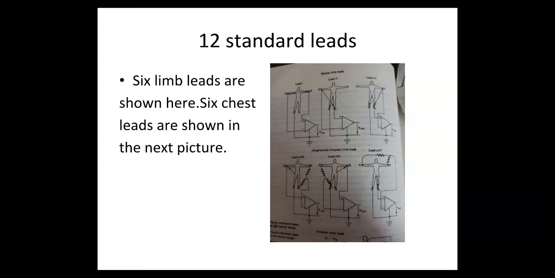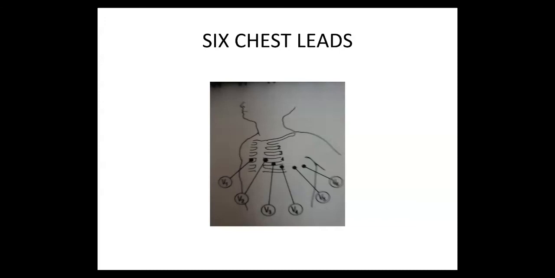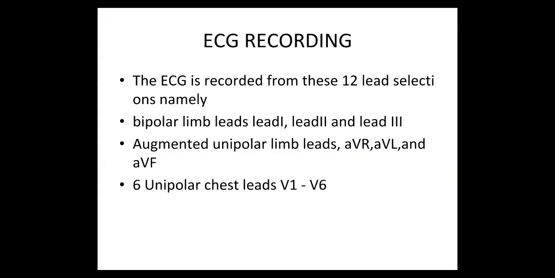And there are 3 more augmented unipolar limb leads, AVR, AVL and AVF as shown in the picture. The 6 chest leads are shown in the next picture. The 6 chest leads are V1 to V6 at standard chest positions as shown in the picture.